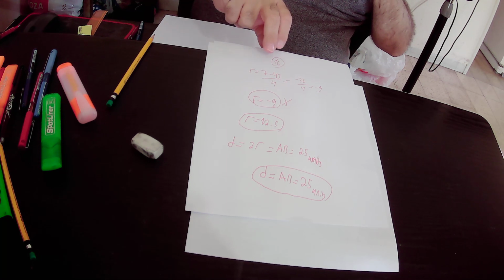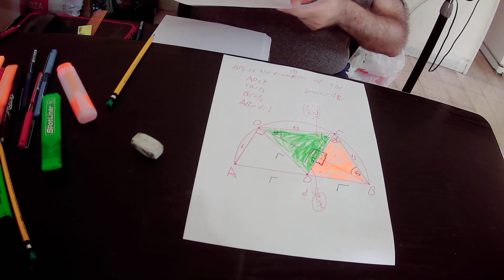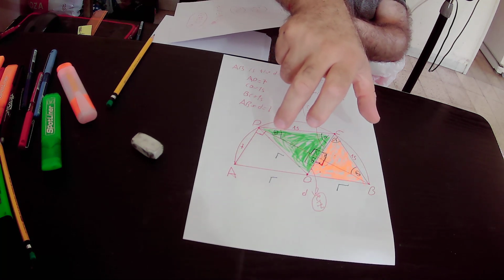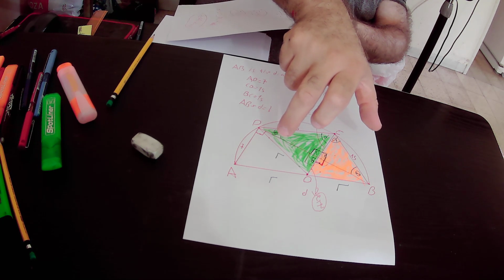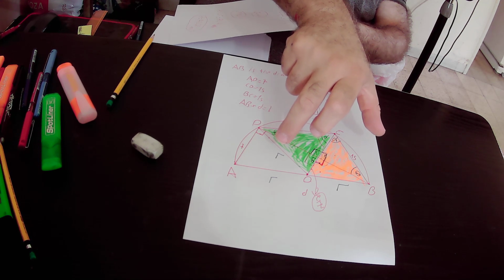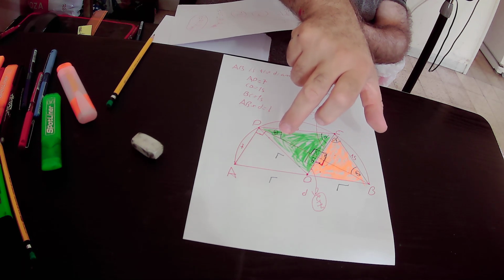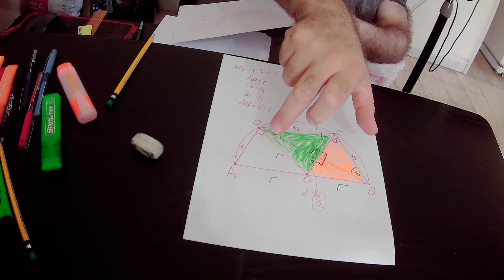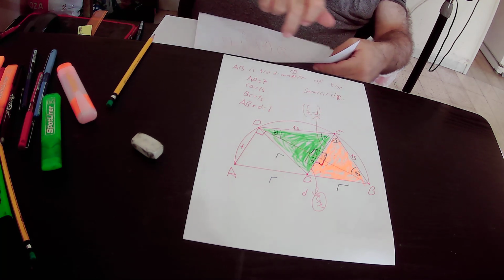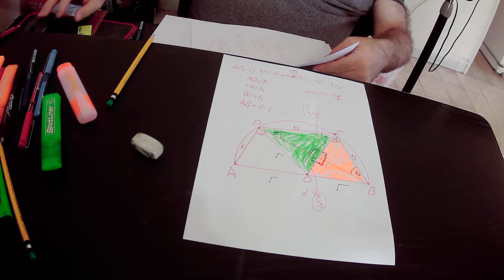So we found that the diameter of this semicircle, AB, equals 2 times the radius, which is 25 units. Okay, thank you very much.